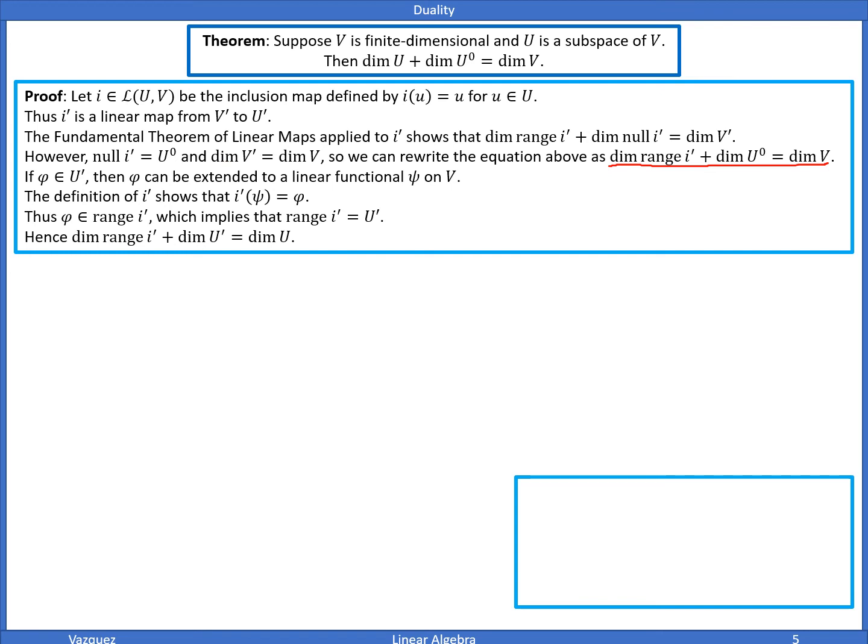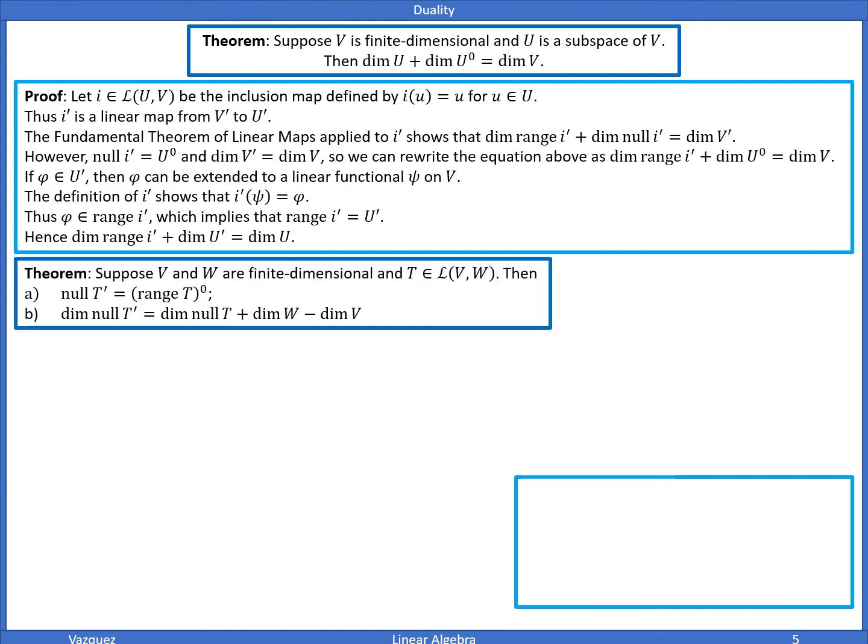I should mention, this proof is pretty straightforward. Again, get comfortable with dual spaces, dual maps, and dual bases to keep understanding this section. Because next we have a theorem that mentions two things.